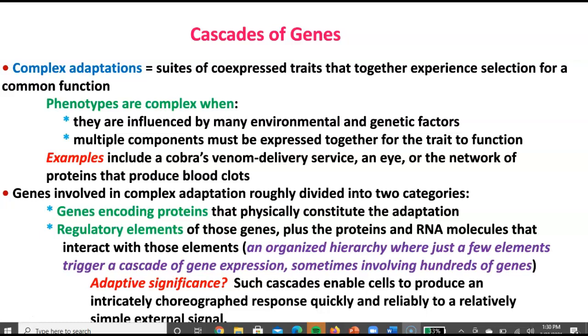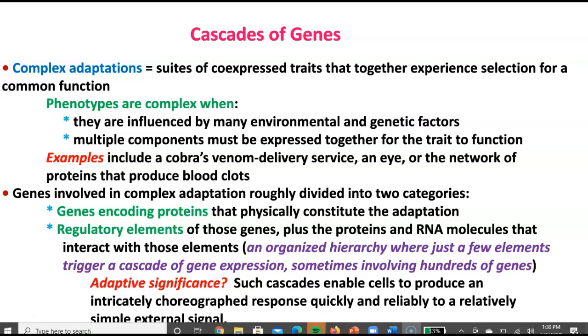So what's the adaptive significance of this? Well, these kinds of cascades enable cells to produce intricately choreographed responses very quickly and very reliably to a relatively simple external signal. So think of the venom delivery system.